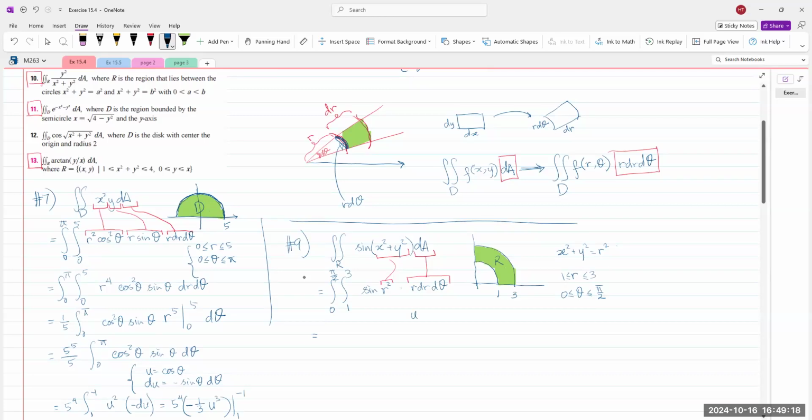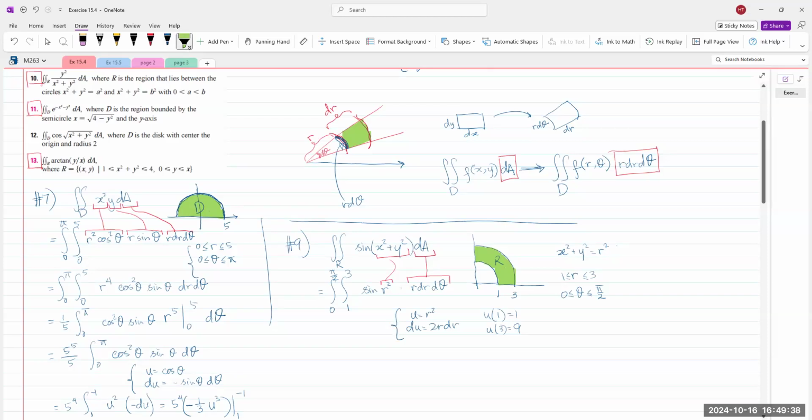So u equals r squared, du equals 2r dr, and the limits of integration for r: 1 gives u equal to 1, and 3 gives u equal to r squared, which is 9, right?